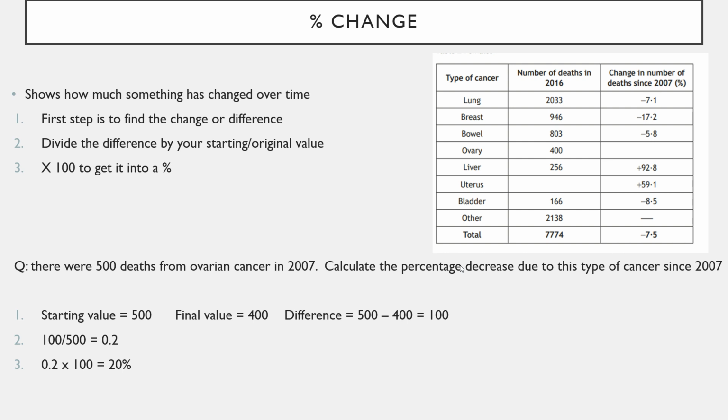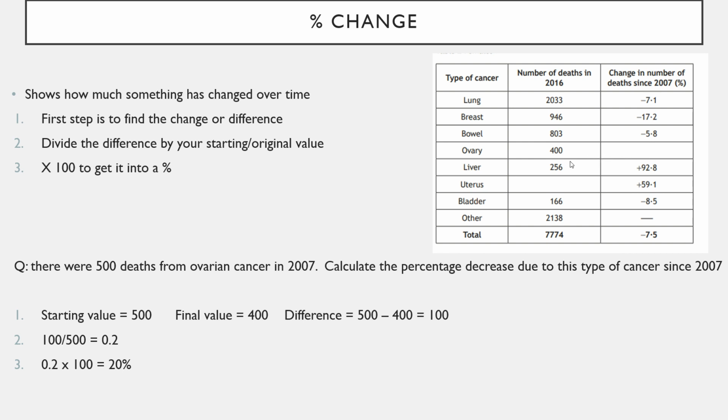In this past paper question, we know that there were 500 deaths from ovarian cancer in 2007. That's your starting value. And also from the data table, we know our final value is 400. We want to know the percentage decrease between these two time points.